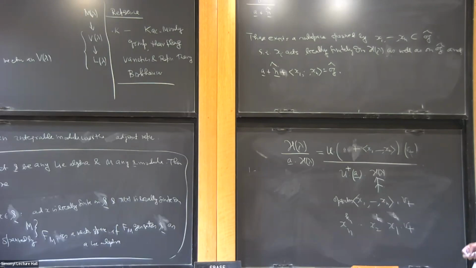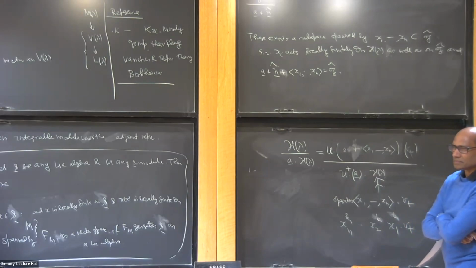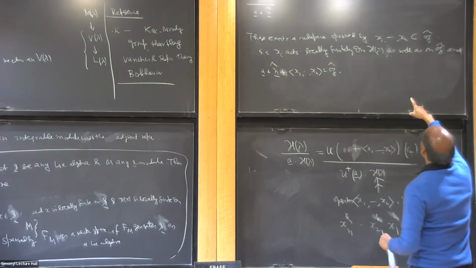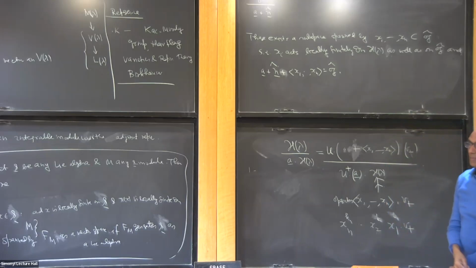You're using some sort of Poincare-Birkhoff-Witt somewhere, right? Yes, that's right. I am definitely using Poincare-Birkhoff-Witt. You don't have the bracket of x's. You can exchange x1, x2 to x2, x1 if you already have the bracket of x1, x2. But that's also locally finite. Why? Because these xi are acting on g hat also locally finitely.